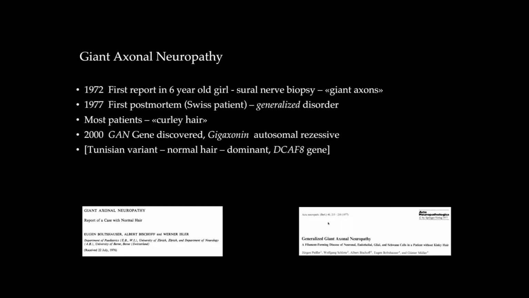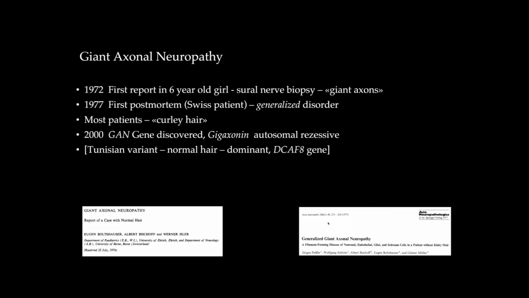This was case number 5 in the world, and the first case was reported in 1972 on a sural nerve biopsy. This morphological finding was called giant axonal neuropathy. But the post-mortem analysis on our patient showed that this is a generalized disorder. So in a way, this name is now fixed, but it is a misnomer.